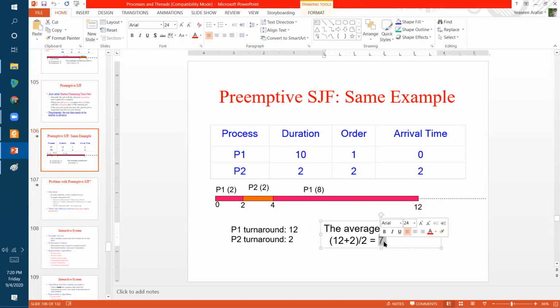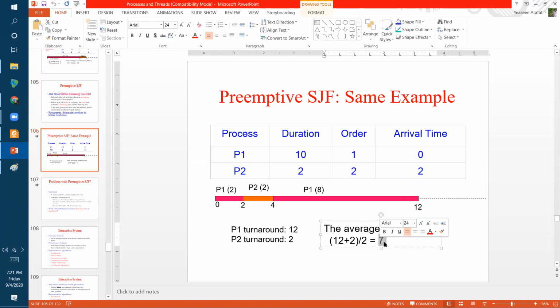So we see that preemptive SJF has a shorter average turnaround time than normal non-preemptive SJF.